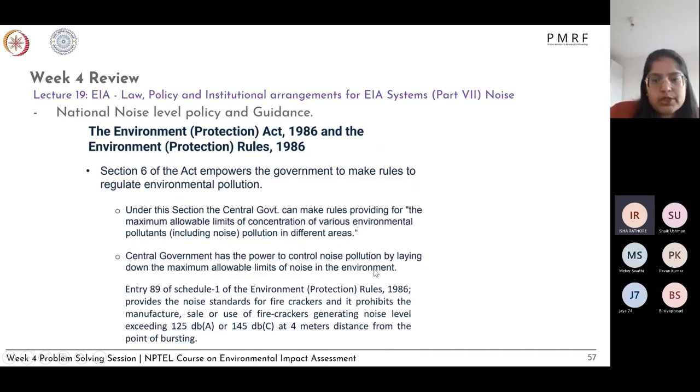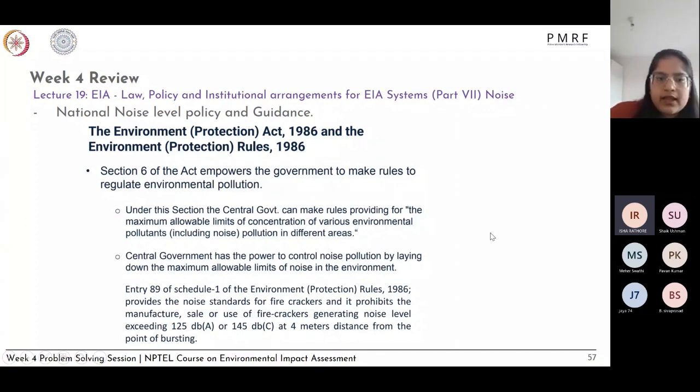The central government can also make noise pollution control rules around the maximum allowable limits of noise in the environment, like in the outdoor and indoor environment. There's also entry 89 in Schedule 1, which provides noise standards for firecrackers and prohibits the manufacture, use, and sale of firecrackers which generate a noise level exceeding 125 decibels.